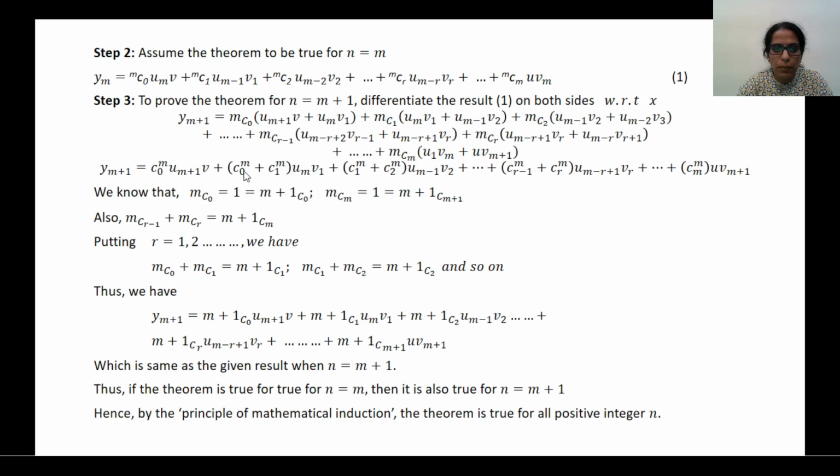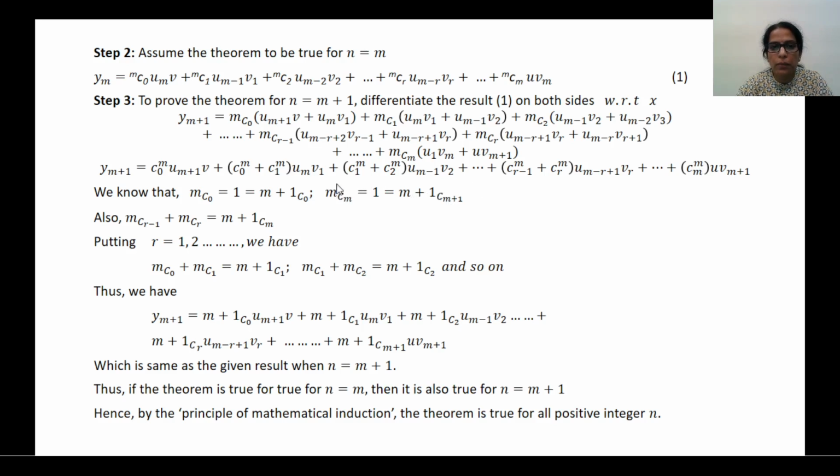Now this can be replaced by m plus 1 C1 u^m v1 plus m plus 1 C2 u^(m-1) v2 plus etc. plus m plus 1 Cr u^(m-r+1) vr plus etc. plus, here, mCm, whose value is 1. Again m plus 1 C(m+1) value is also 1.